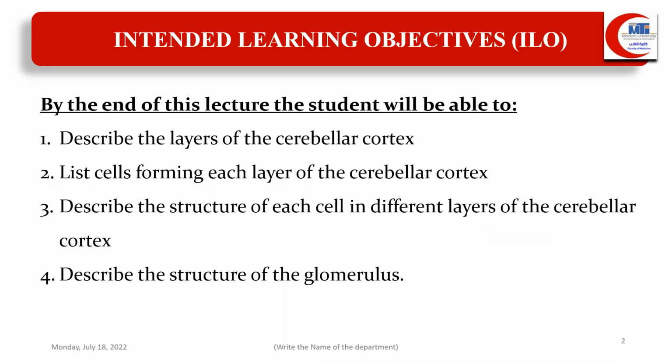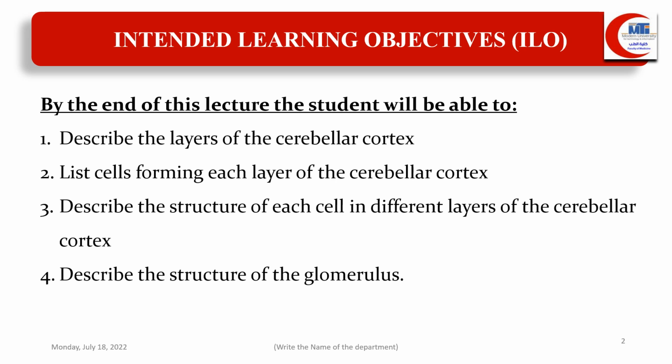By the end of the lecture, you will be able to describe the layers of cerebellar cortex. Number 2, you can list the names of the cells forming each layer in the cerebellar cortex.